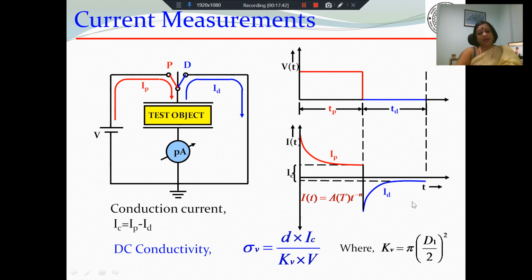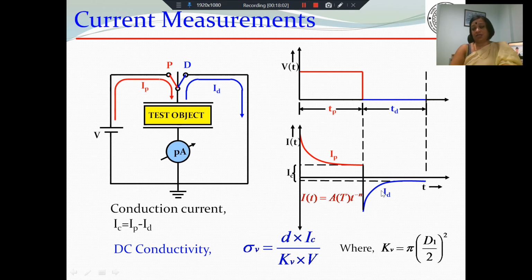Now, after we have waited a sufficient time for depolarization, what should happen is, in the polarization case, after polarization is complete, there should be a substantial current flowing, and that current is the conduction current, which is slow because of the resistivity of the material.